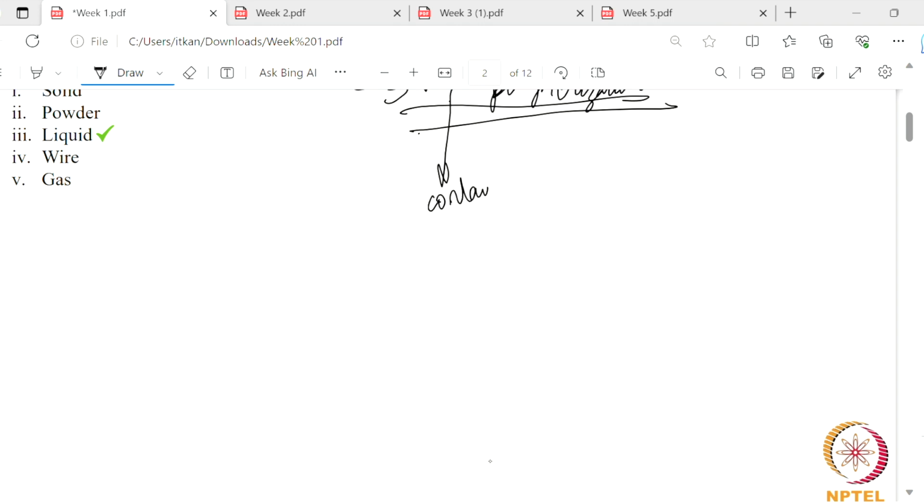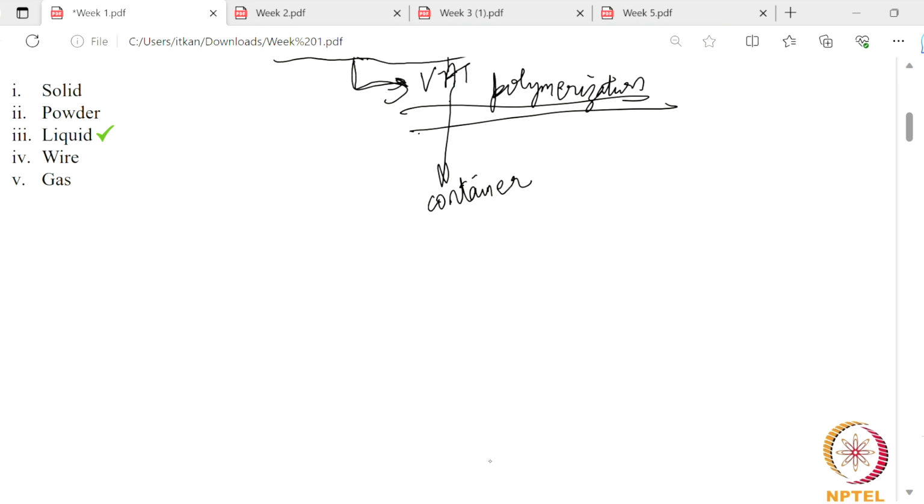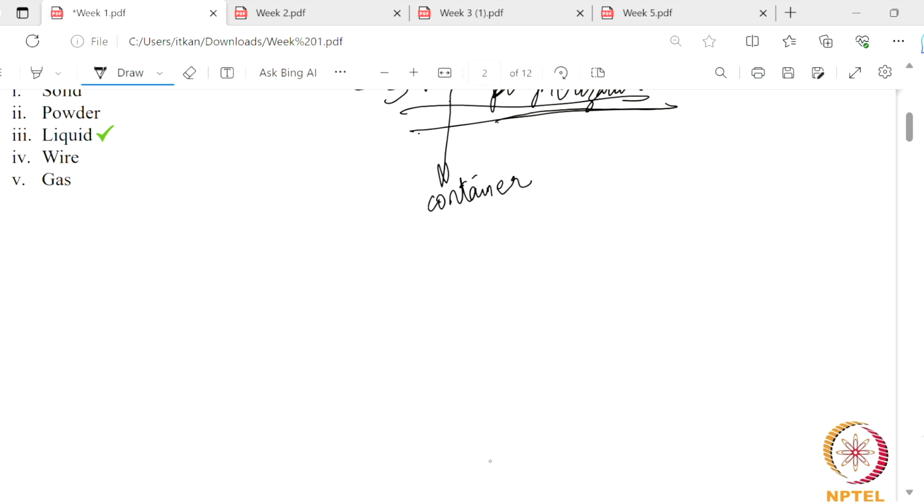VAT is a container. Okay, this container is known as VAT. Now, in this additive manufacturing process, the solidification takes place because of polymerization. So that is why we have VAT polymerization.